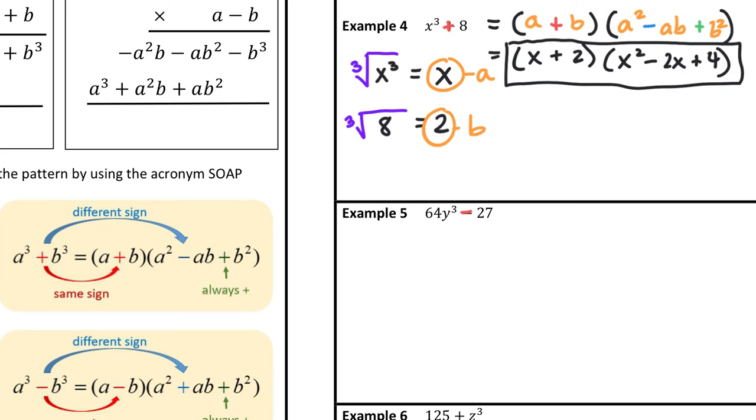Since I have something to the power of 3 minus something to the power of 3, does 64 have a cube root? We can check the cube root table. Yes, it should be 4, right? Does 27 have a cube root? Yes, it should be 3. And y cubed is also a cube. So we have a cubic difference here, subtraction.